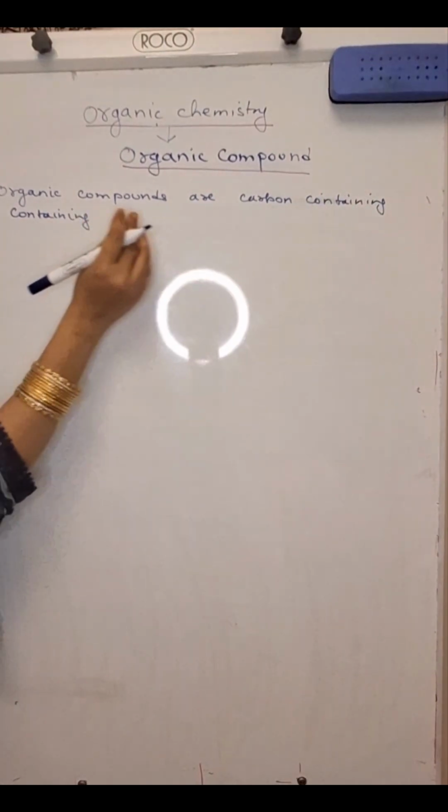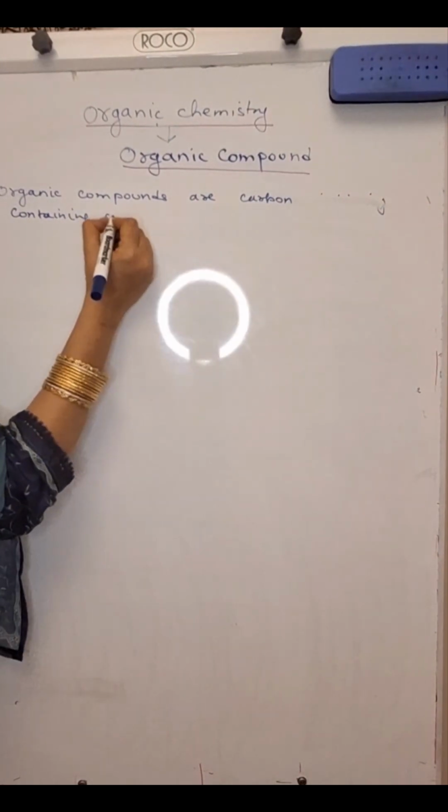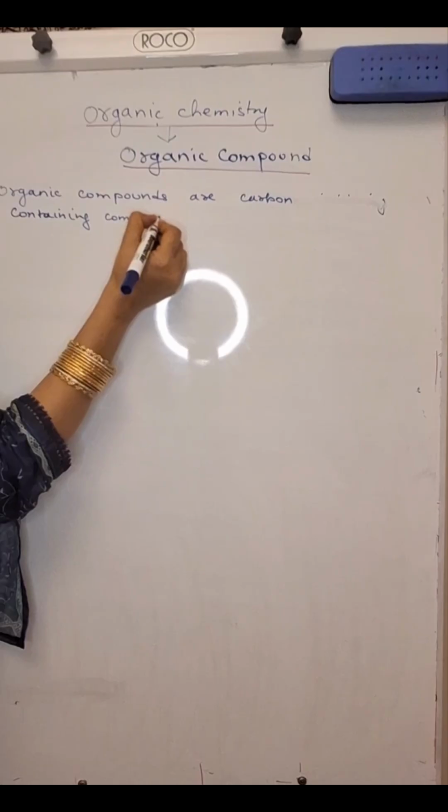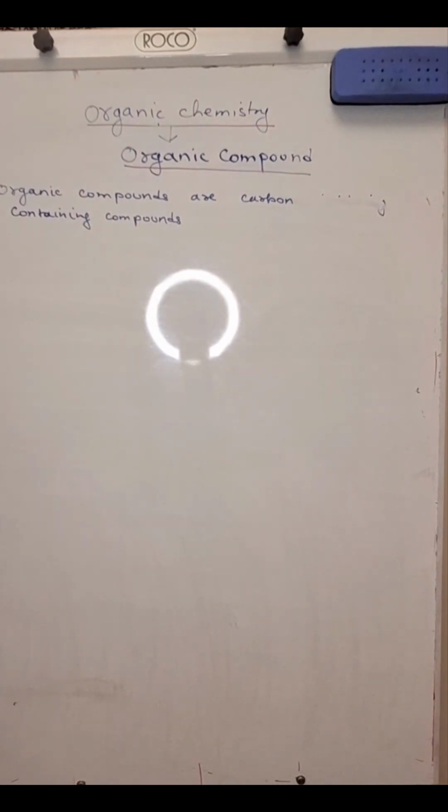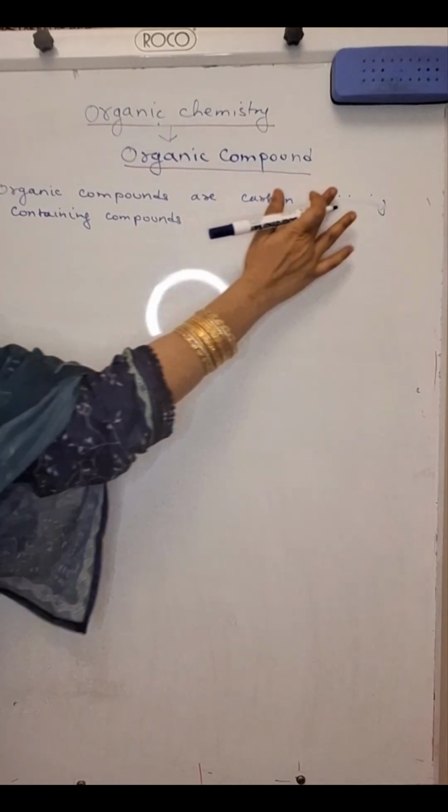Okay, carbon containing compounds. It is one of the simplest definitions of an organic compound. So what does it mean? All the compounds which have carbon in it, are those organic compounds?